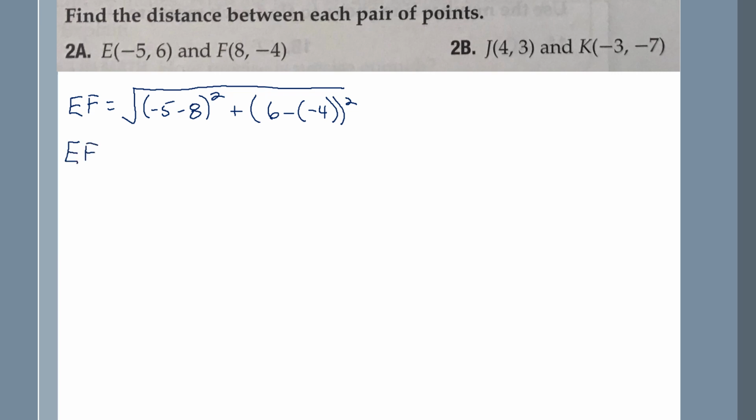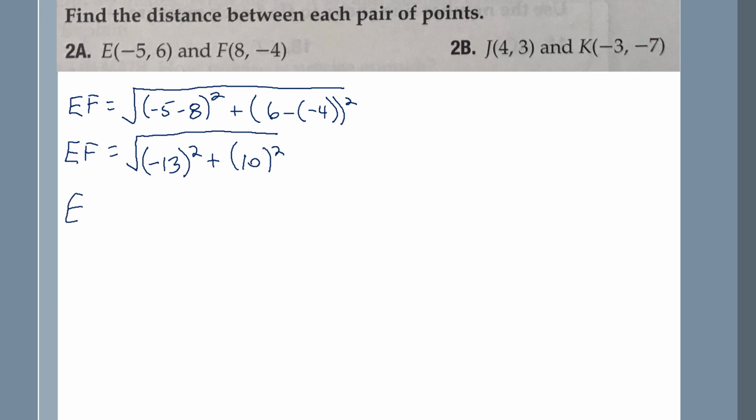So EF is equal to -5 minus 8 is -13 squared, plus 6 minus -4 is 10 squared.